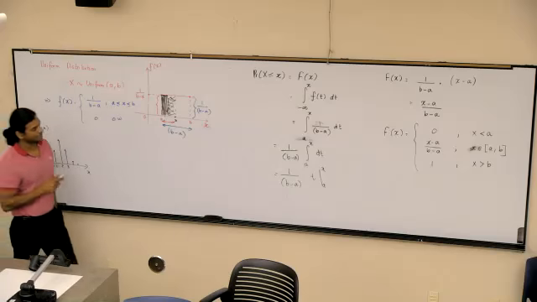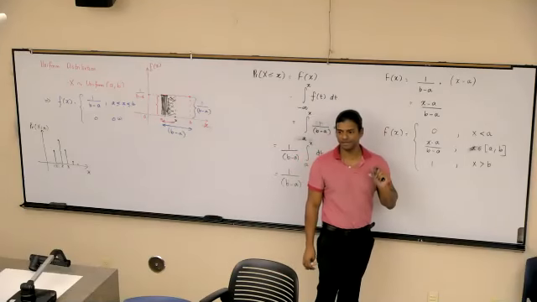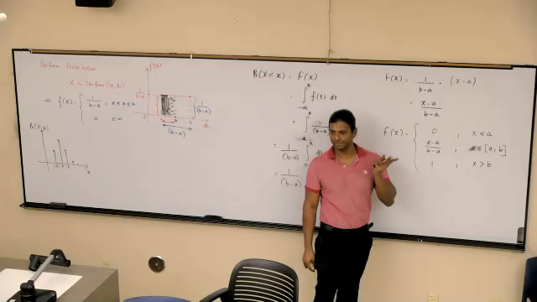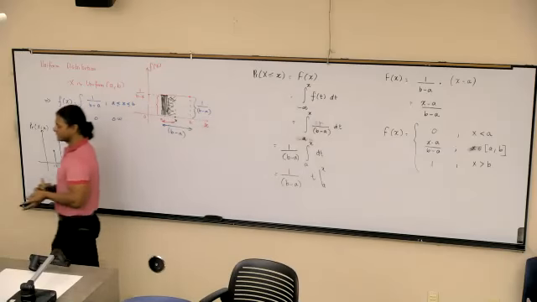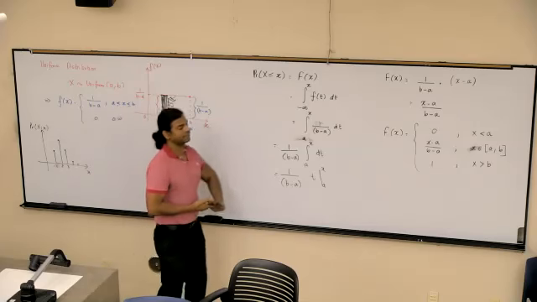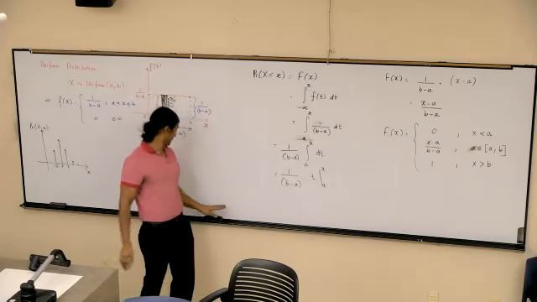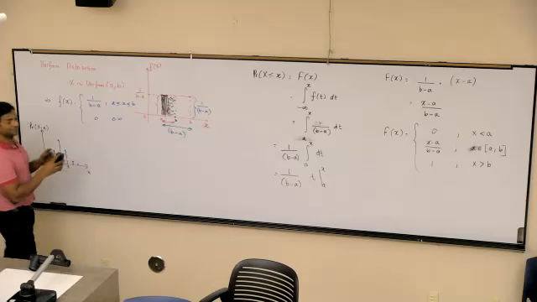Length times width, I have x minus a divided by b minus a. Does that make sense? So when we try to find a cumulative probability, X less than or equal to x, all we are finding is the area under the curve. Good.